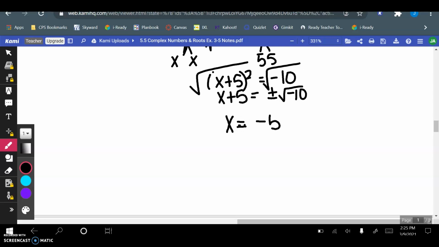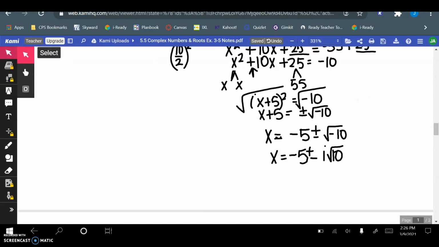So we're going to have negative 5 plus or minus square root of negative 10. And we have to simplify down that square root of negative 10. That would be a negative 1, so that would be an i. And the square root of 10 does not simplify down. So we are just going to write negative 5 plus or minus that i out front, and then keep the square root of 10. So x equals all of that.